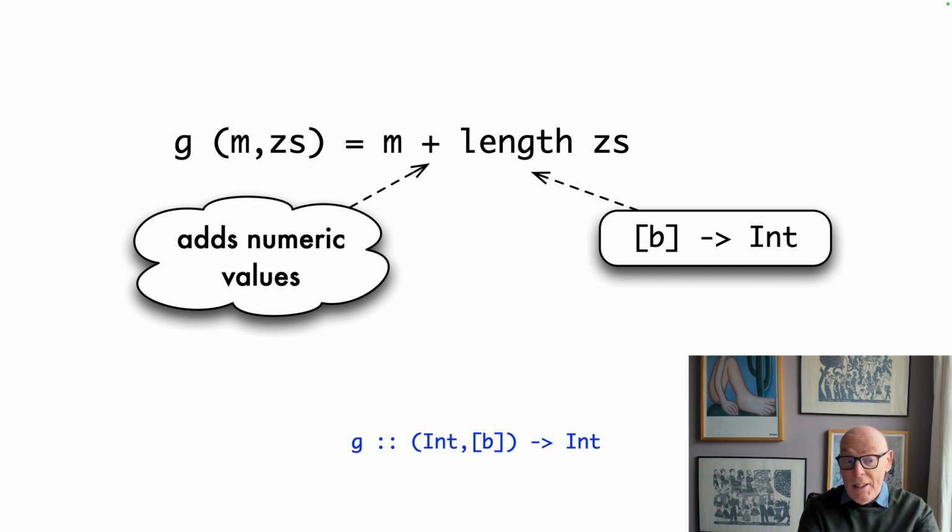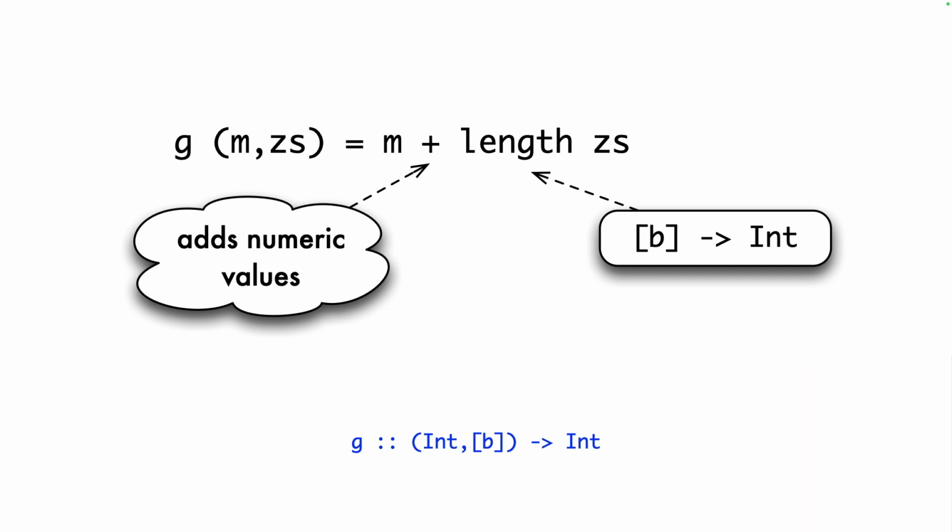So that means that m, the first half of the argument, must be an int. What does it tell us about the z's, the second half of the argument? It tells us it must be a list of some kind, but we don't know what type. So let's just say list of B. So now this tells us we provide as input an integer and a list of B, and what we get out is an integer.